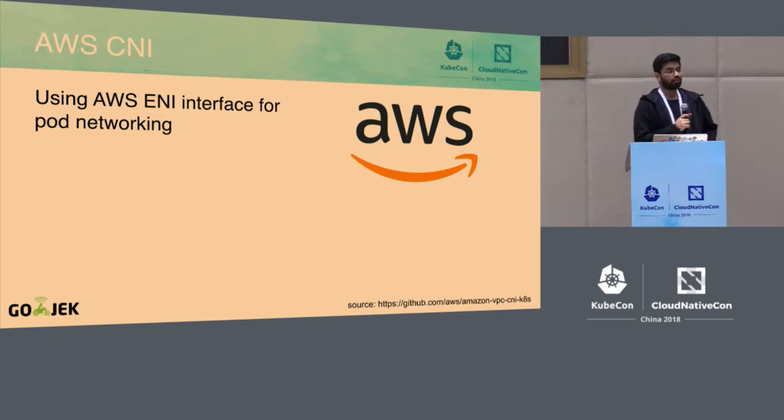AWS CNI provides support for configuring your Kubernetes cluster within the AWS VPC network fabric, so you can provision your Kubernetes cluster to have IPs from the AWS VPC itself, and just directly have a custom workload running wherein you can talk from a VM directly to a pod without going through a service and all.